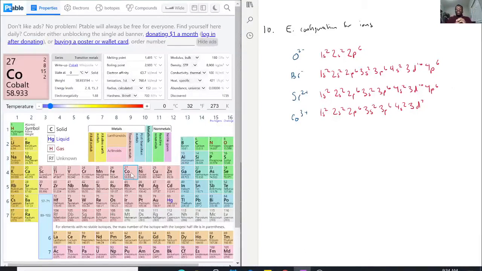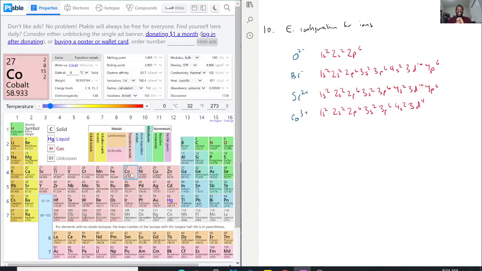But let's just say we lost everything from the d orbital because it's the one we wrote last. So minus 3, we would now have 3d4. Okay. But here's the thing though. When it comes to transition metals, this is where it gets tricky. The orbitals start to get a little bit wonky, okay?